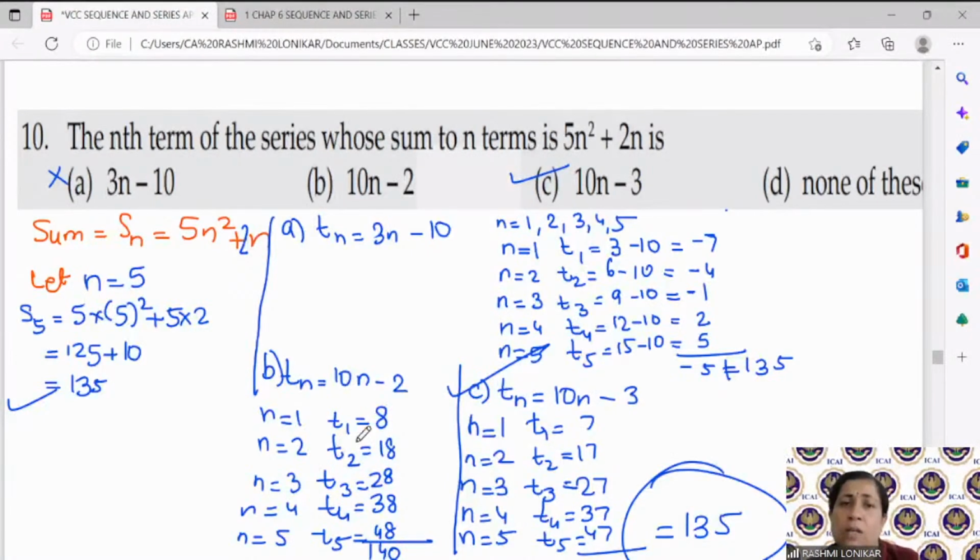Even though actually when I have to find this, it becomes a very big 5-10 mark sum. But here, because it's an MCQ, I can simply put in the values. Again, I'm saying you need not do only n is equal to 5. You can do it for other numbers also. I could do it for n is equal to 3 also, and I can get a similar answer. Again, I will get C option as the correct option.